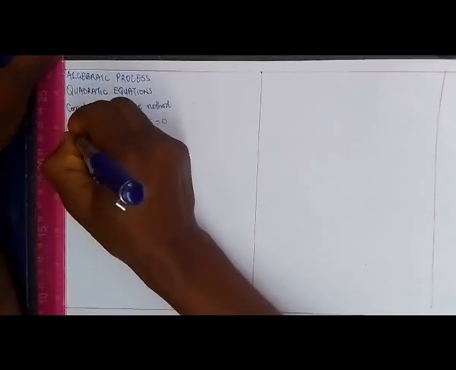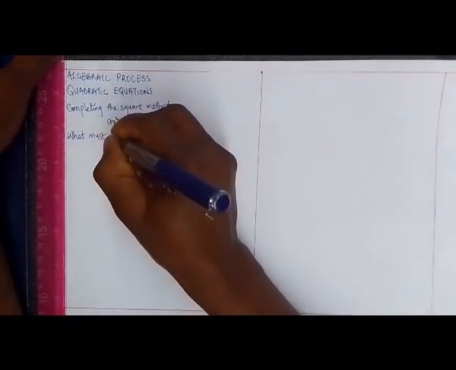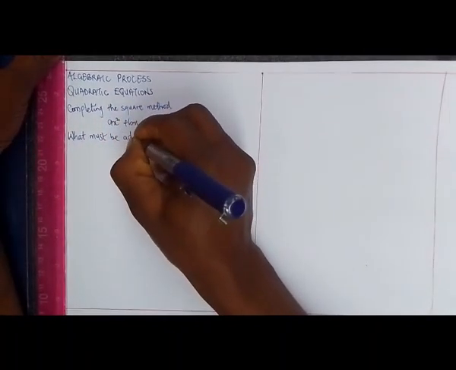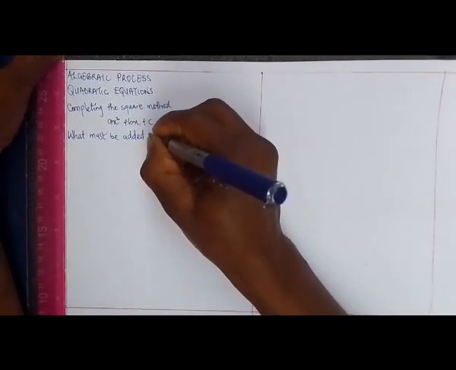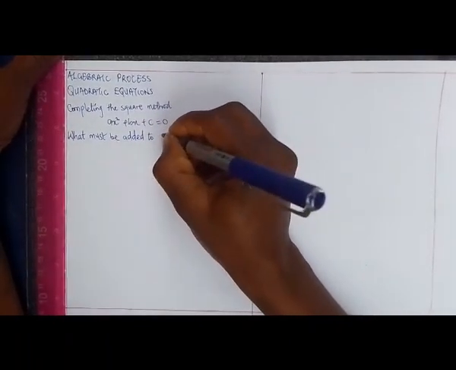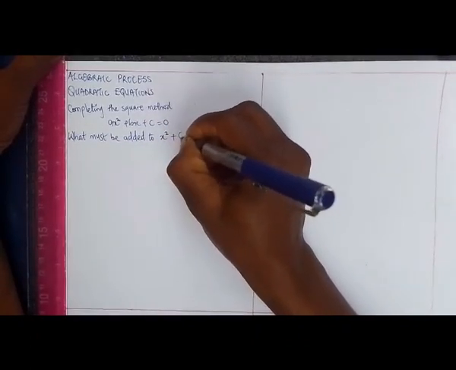Let's take for example, what must be added, without us thinking it twice, to make a quadratic expression or equation factorizable.